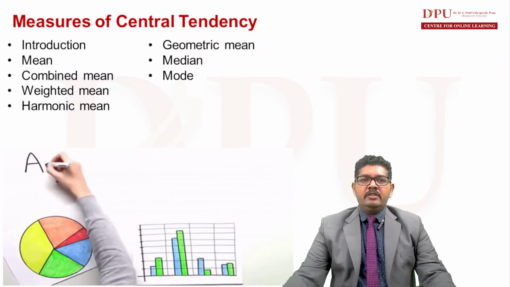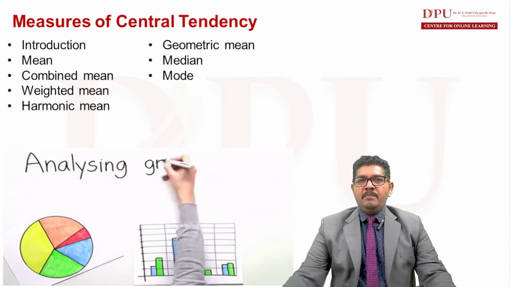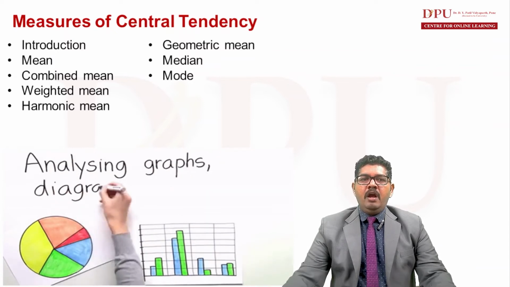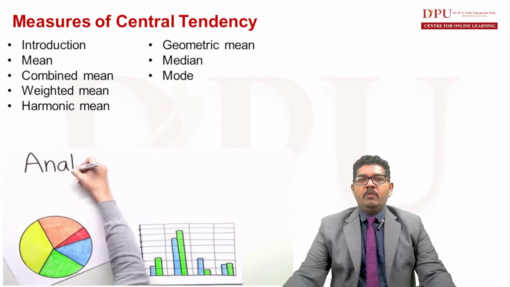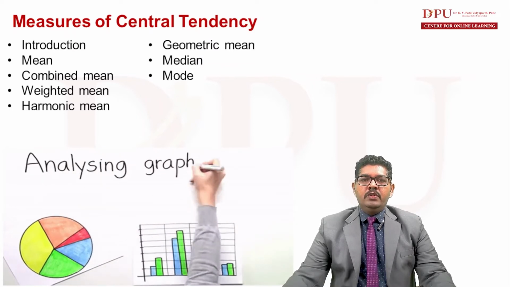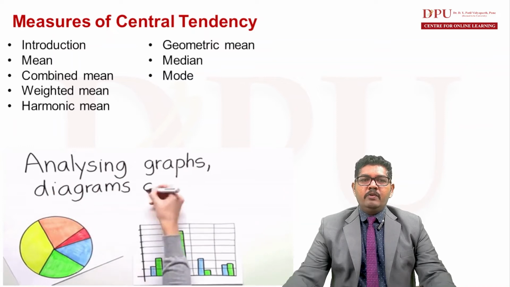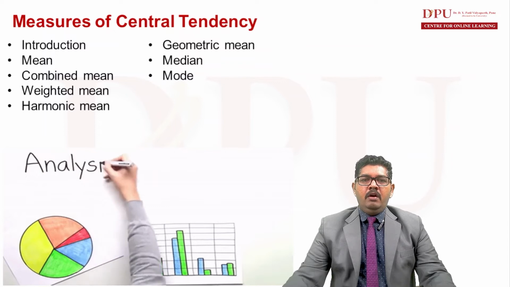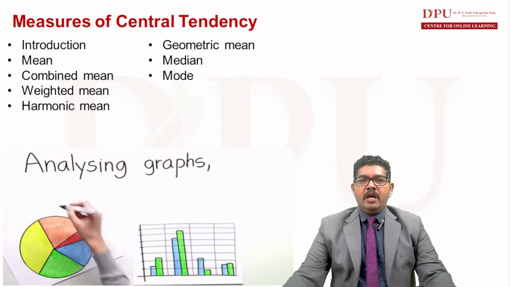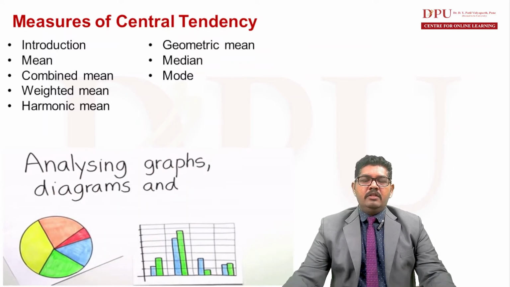Then there are various types of mean such as combined mean, weighted mean, harmonic mean, geometric mean. Then we will be discussing what is median and mode. So we will be understanding how to calculate these measures of central tendency for grouped data as well as ungrouped data, for discrete data also.